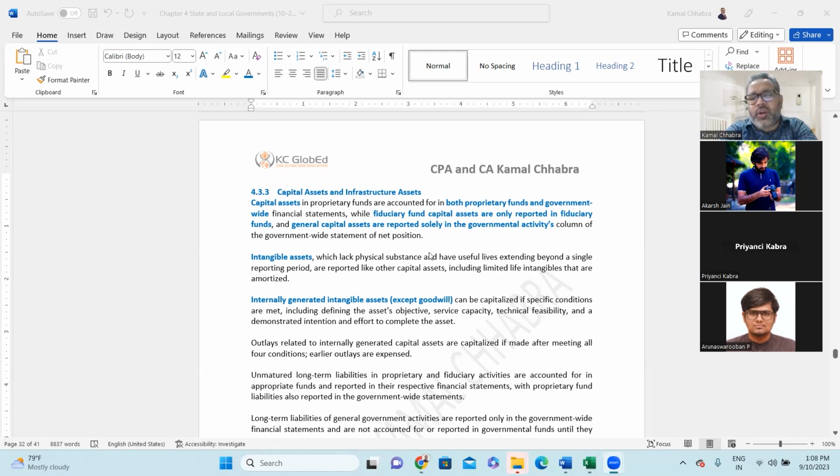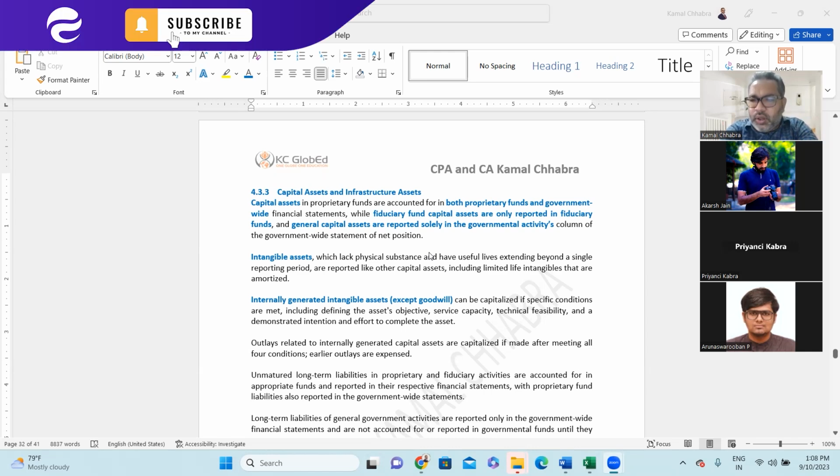From the government perspective, they have both kinds of assets: your normal property, plant and equipment for the overall operation and functioning of the government, plus the infrastructure projects they develop, like highways, roads, dams, bridges, airports, railway stations, places for shipping containers and all those things. Those all come under infrastructure assets.